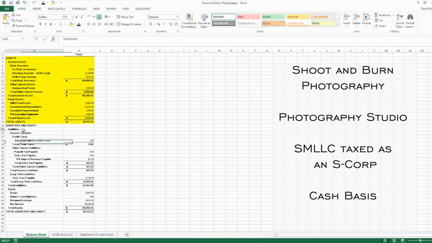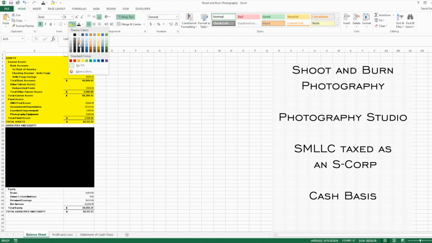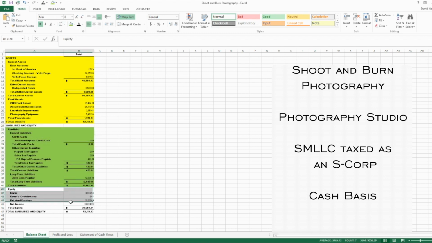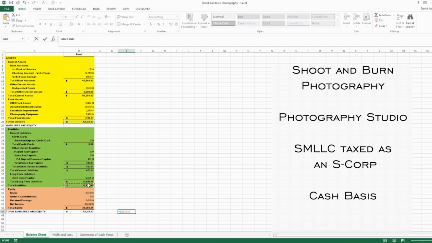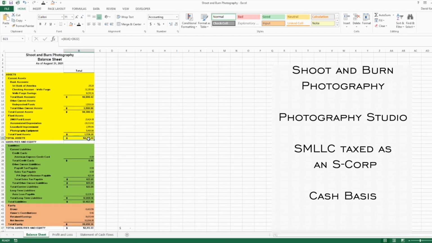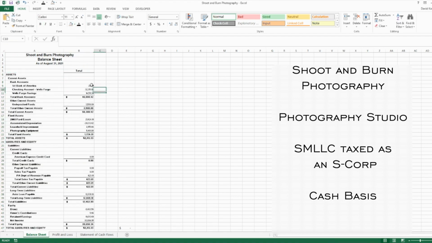And I'll highlight here, our liabilities go here. And then our equity section is here. And I can prove that assets minus liabilities minus equity, we have a variance of 0, which means that our balance sheet balances.